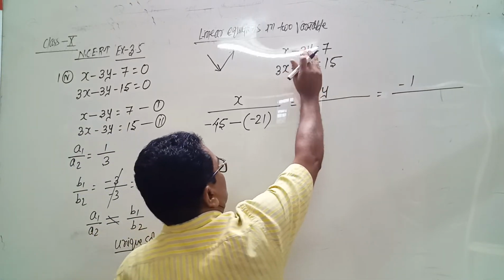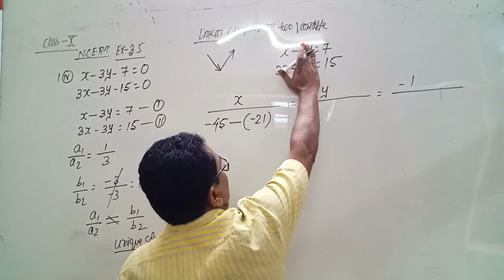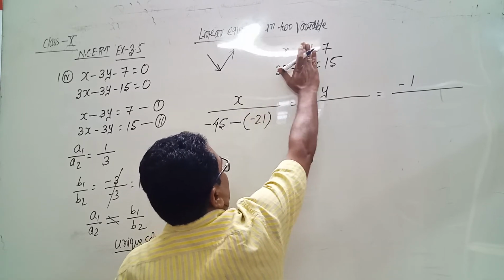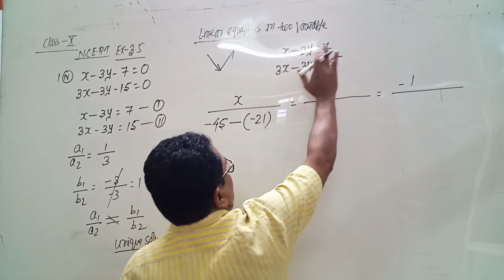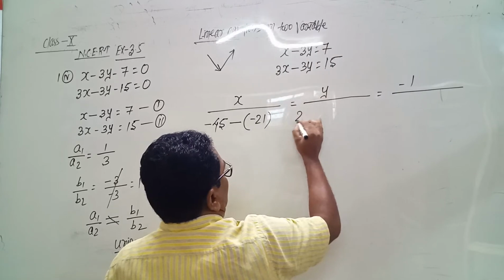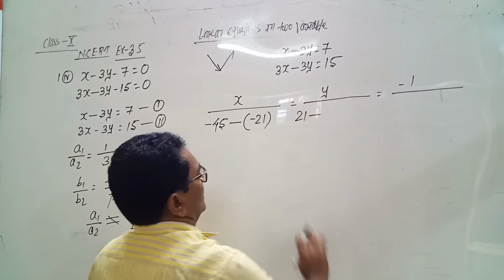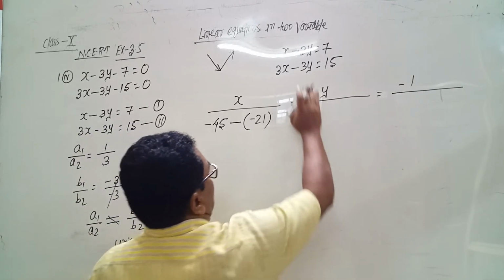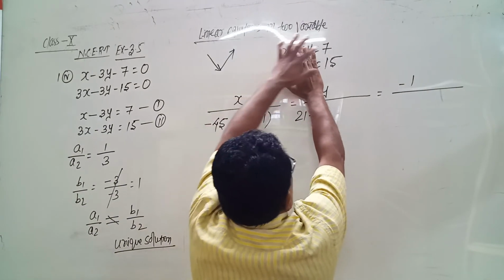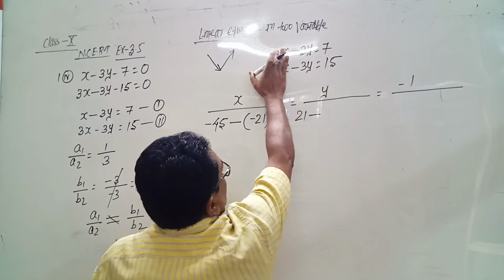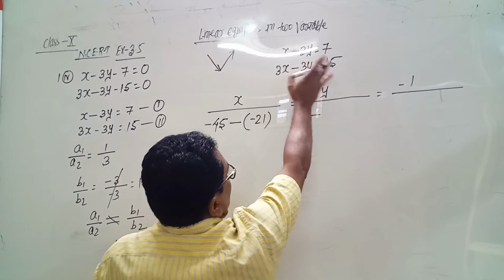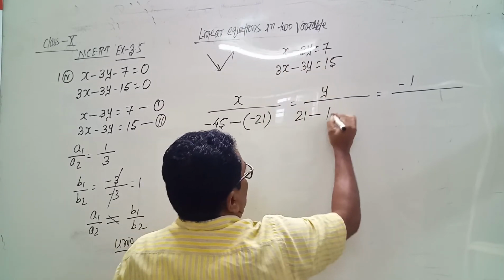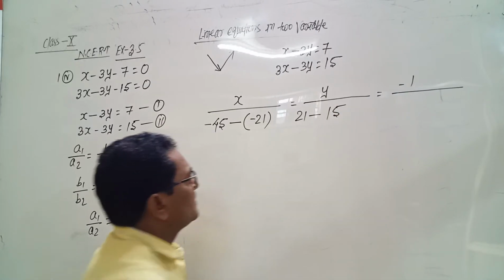So we have closed the term containing y, and we have to multiply in this direction, means 3 multiplied by 7, which comes 21. Minus of formula, when we multiply 3 and 7, then we multiply 1 by 15. 1 into 15. So we get minus of 15.